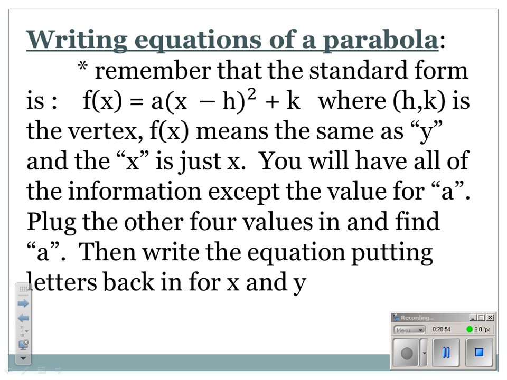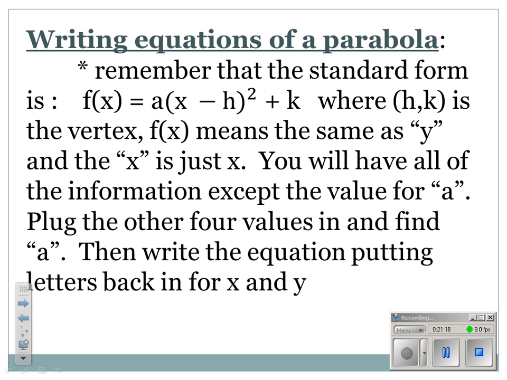Now, if they give you that information and ask you to write the equation of the parabola, you're going to be given the vertex rather than find it, or you're going to be given an x, y point that's on the parabola. That information can be used to work that last kind of problem backwards. Remember that in standard form, (h, k) is your vertex.